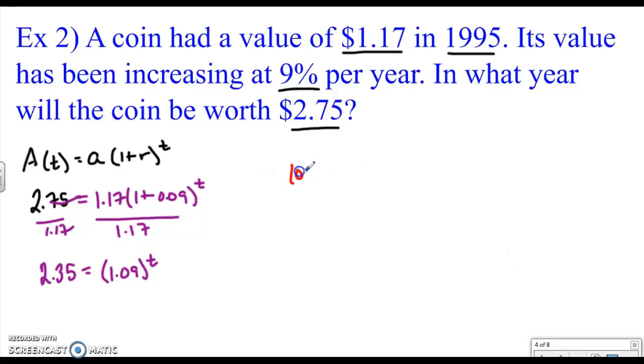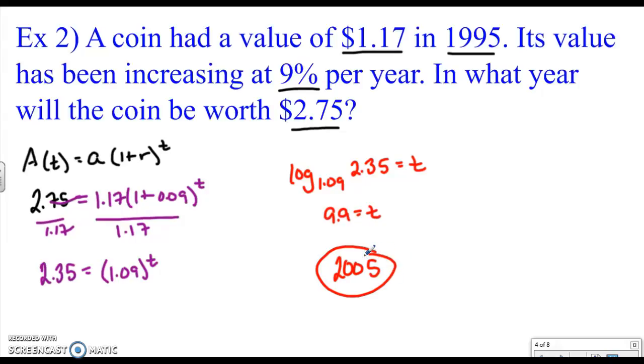So we're going to do log base 1.09 of 2.35 equals t, and then plug that in our calculator. So log of 2.35 divided by log of 1.09 is 9.9. So about 10 years. So in what year, though? 10 years later would be 2005.